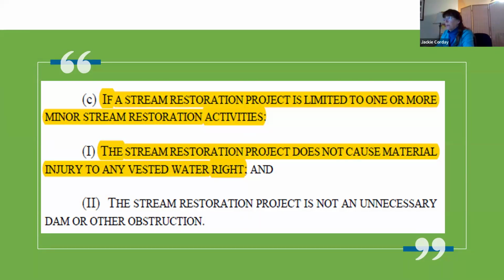This language was important because that's another area of jurisdiction that DWR has to order the removal of unnecessary dams or obstructions. So that's why that language is in there. This is the legal consequence, essentially. If your project is designed to stay within SB 270, you get this protection of saying it does not cause material injury to a vested water right.